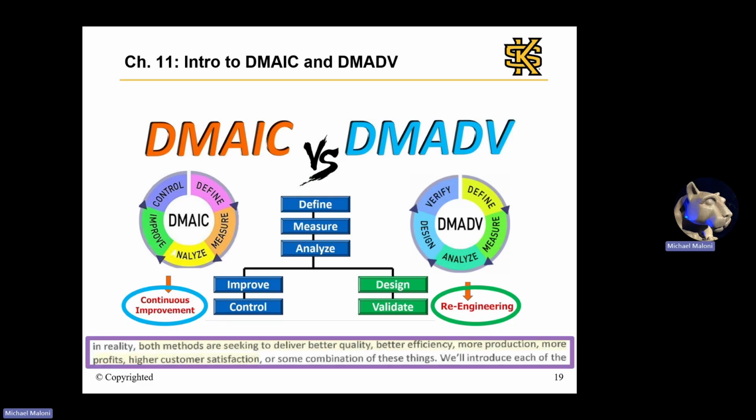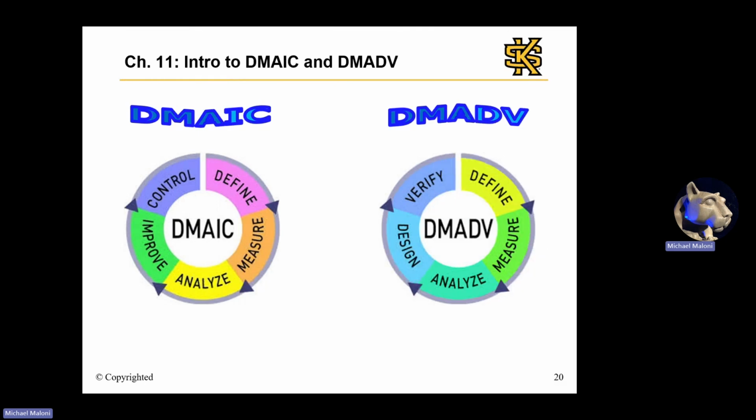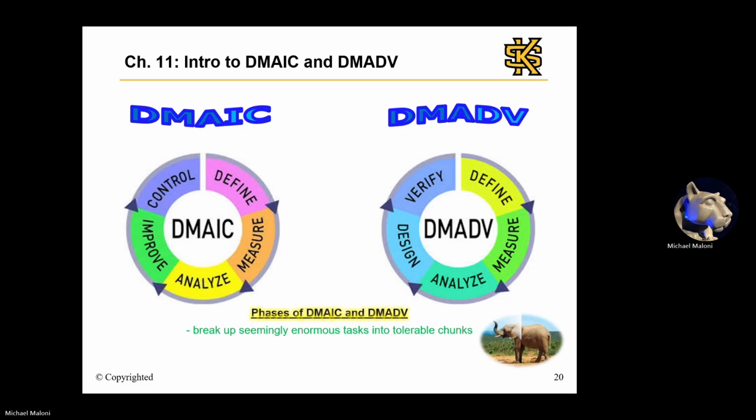Still, both seek to improve quality, efficiency, and customer satisfaction by uncomplicating seemingly enormous objectives into tolerable steps. And the text calls this breaking up the elephant. And then both provide control and organization for the project, including keeping everyone on task.